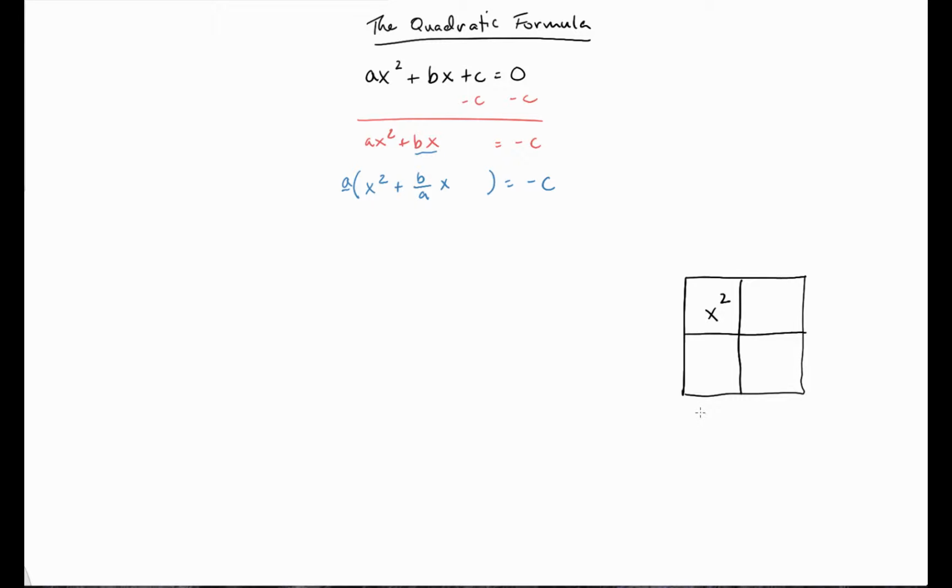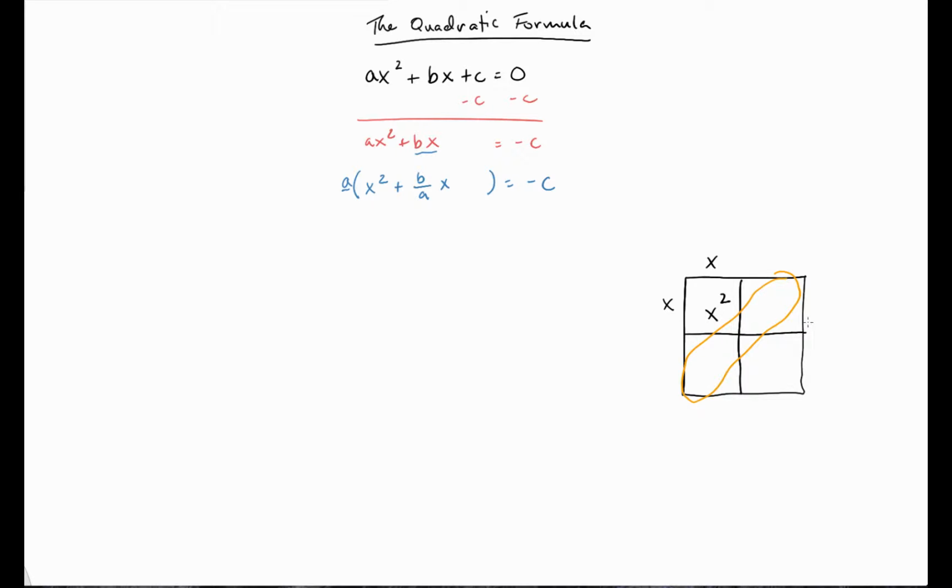Now, I need to come up with two numbers that add up, or when I multiply by 2, I get b over a times x. Now, to complete my square, I know that these two boxes here have to be the same, and they have to add up to b over a times x.